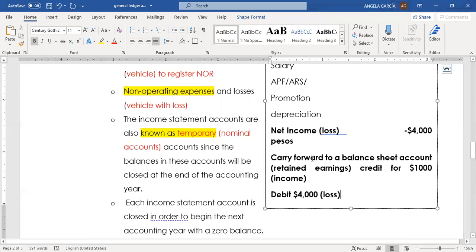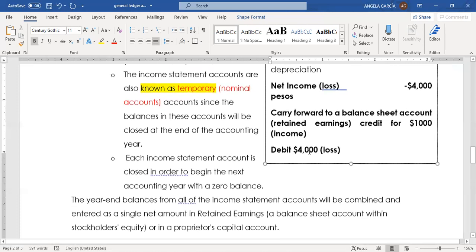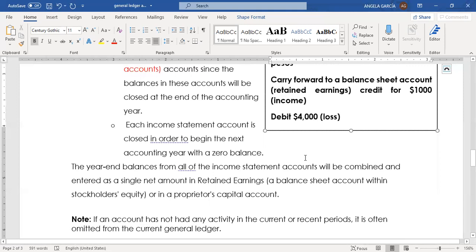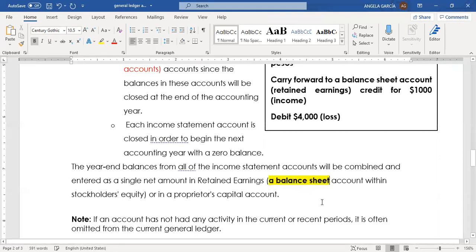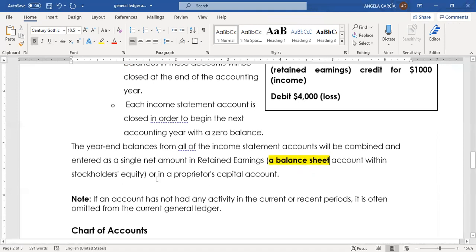So that's what I already explained: it depends on whether you have a loss or a net income, but you need to carry forward that amount. No matter what, you need to carry forward to a balance sheet account. That is the expression.